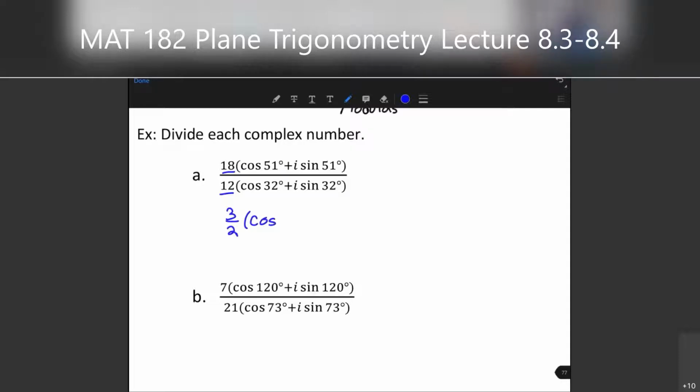And then what would be our argument for our angle here? Yep, so we take 51 minus 32, that would give us 19. So 19 degrees will be our new argument.